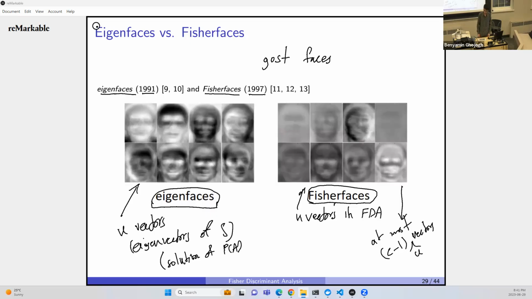That's fine. I want you to compare these two. What was the difference of the classes? Having or not having eyeglasses. So what features are more important in the face? Eyes and around eyes. We'll see that FDA, interestingly, is focusing on eyes.